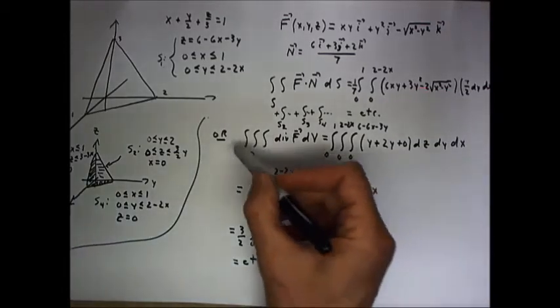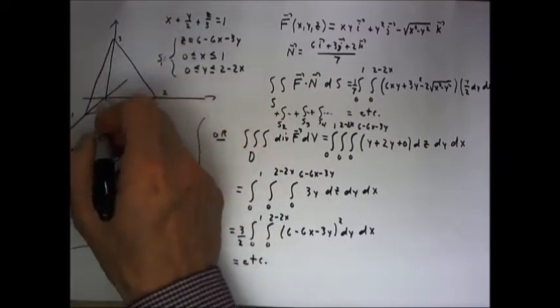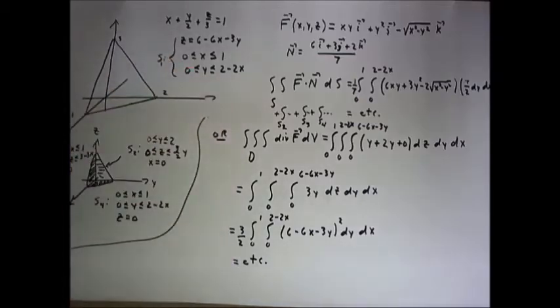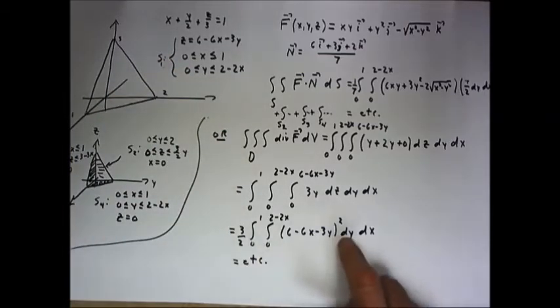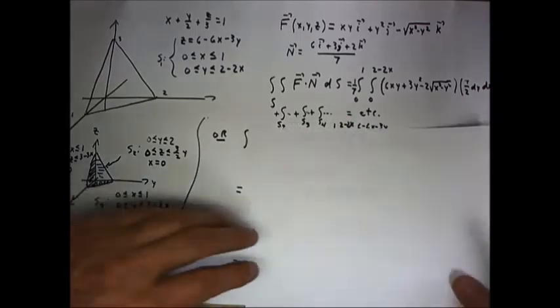Now, quickly, let's suppose what we really wanted was the integral over just the slanted triangular portion of this region. Assuming we've been able to integrate our divergence, which again is very straightforward, it's an easy integral.